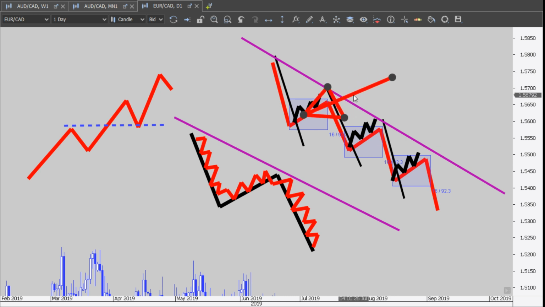So we want to trade the retracement, and try to understand, everybody, this red downtrend could be structure on any time frame, or a short-term downtrend on any time frame.